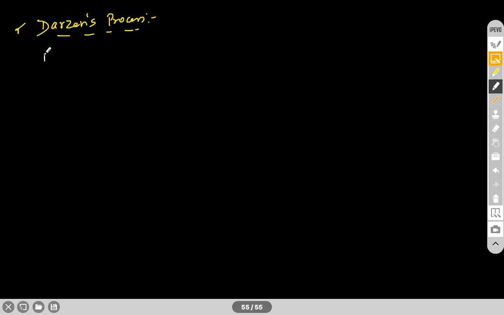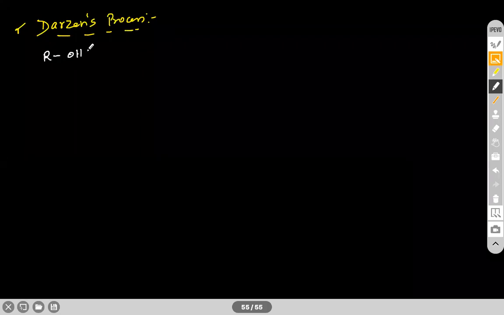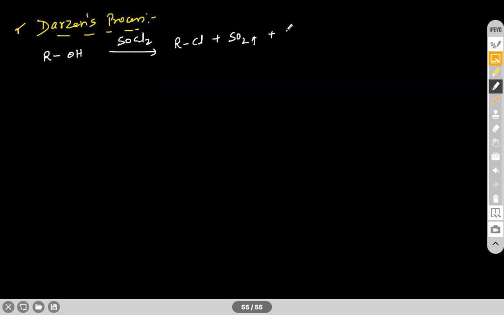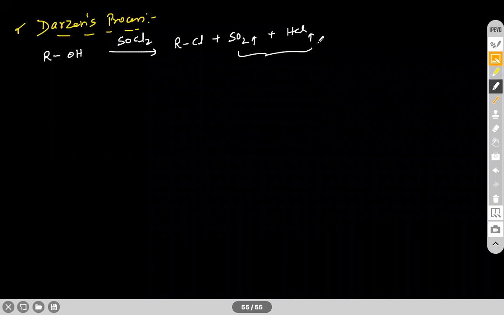You see this reaction: ROH with SOCl2 forms RCl, sulfur dioxide evolves, and HCl also evolves in gaseous form. The byproducts are gaseous, they escape into the atmosphere.